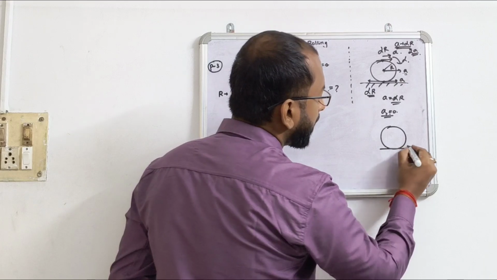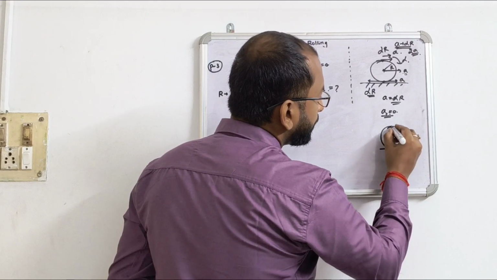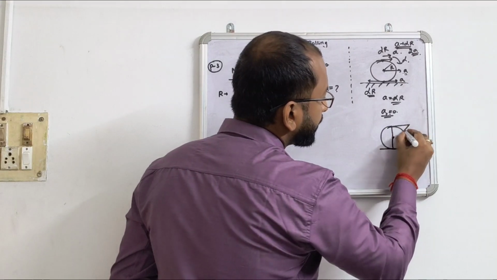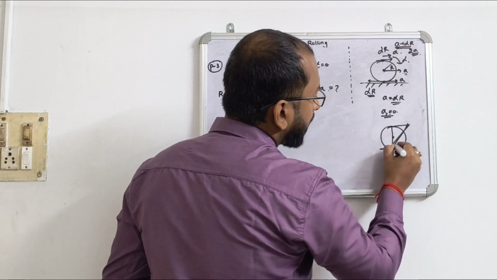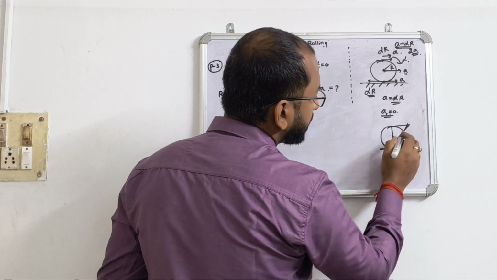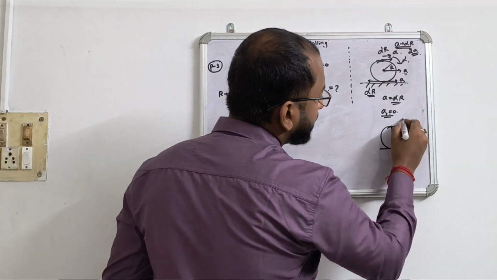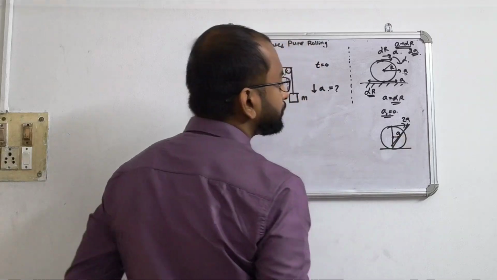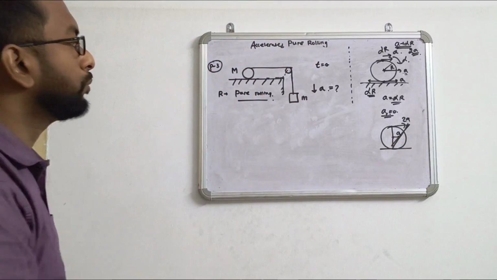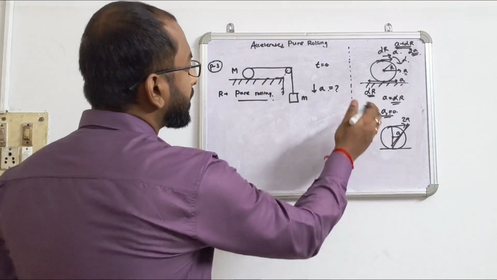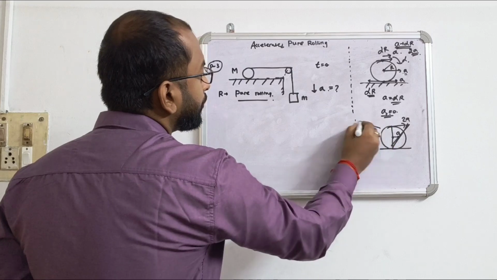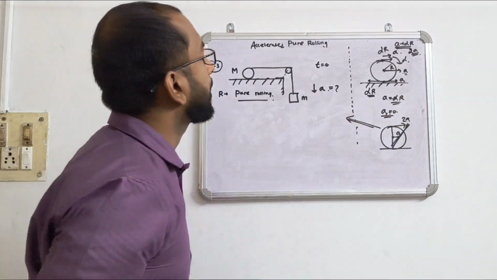If we draw the vector diagram, we'll see that the acceleration is A, and this is becoming 2 into A at the topmost point. So that same concept will be required here.